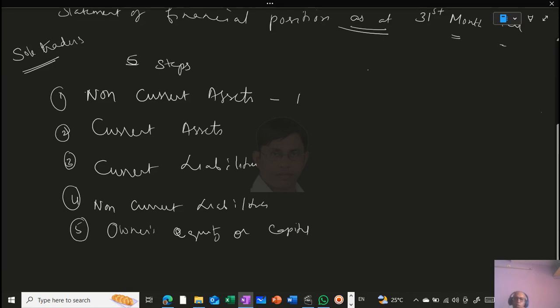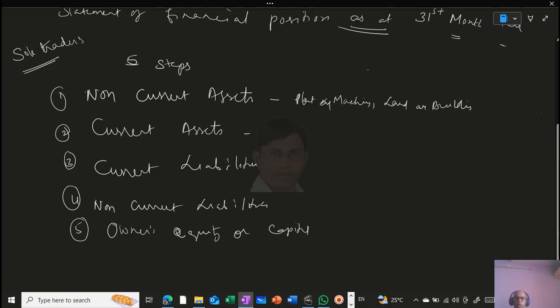For example, plant and machinery, land and building. If we have plant and machinery, normally we use it for several years. Land and building we will use for maybe 20, 25 years. That's why they are called non-current assets.